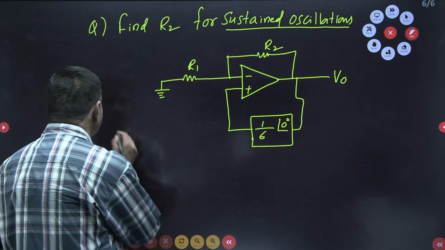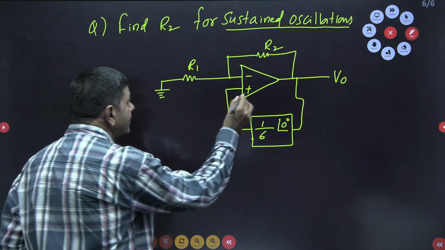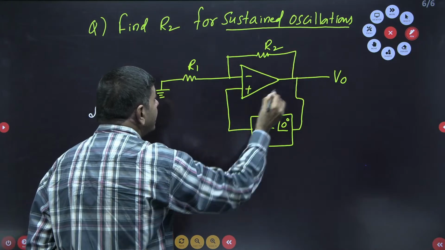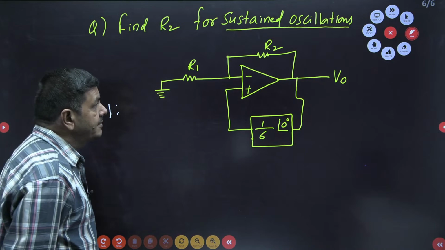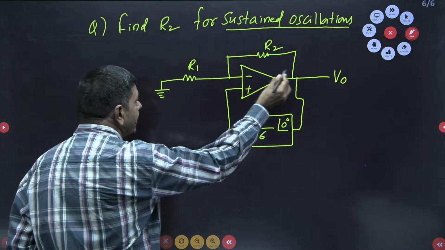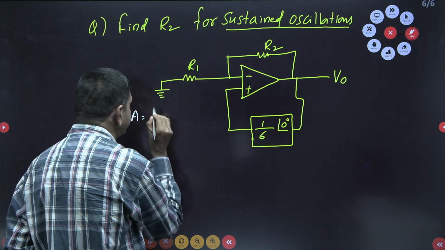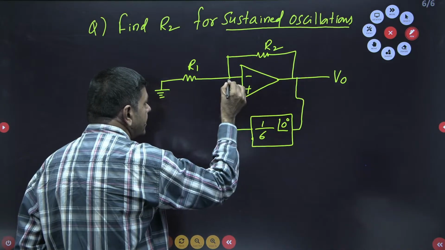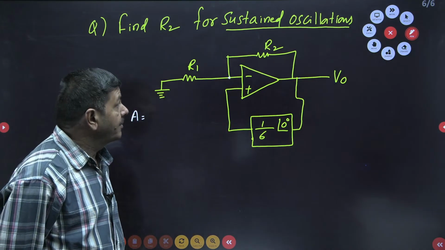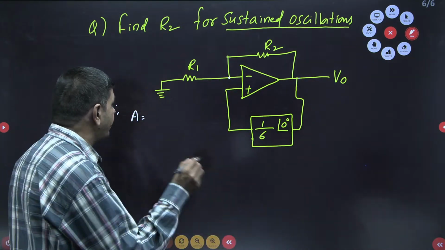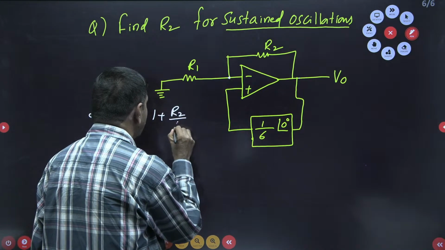But in this problem, please watch. This is nothing but a non-inverting operational amplifier. From the non-inverting operational amplifier, I can get the gain. Gain is nothing but V0 by the feedback voltage. From the non-inverting operational amplifier, you know the formula 1 plus R2 by R1.